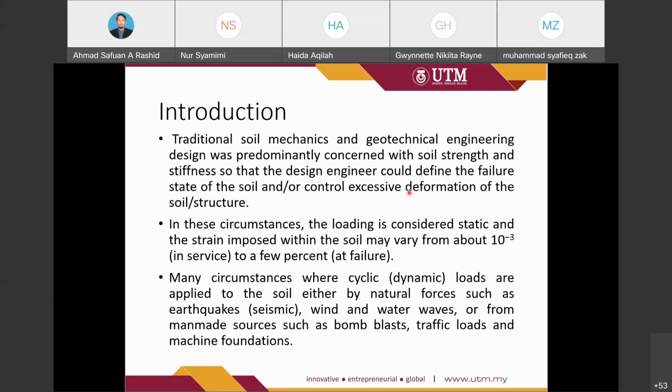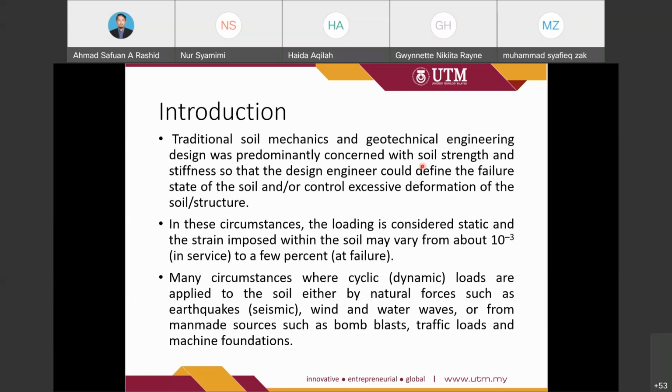These excessive deformations are under the serviceability state, while failure is under the collapse state. Normally we use the soil strength and stiffness when we carry out the design, or use software to identify, for example, what capacity could be sustained by the soil itself.